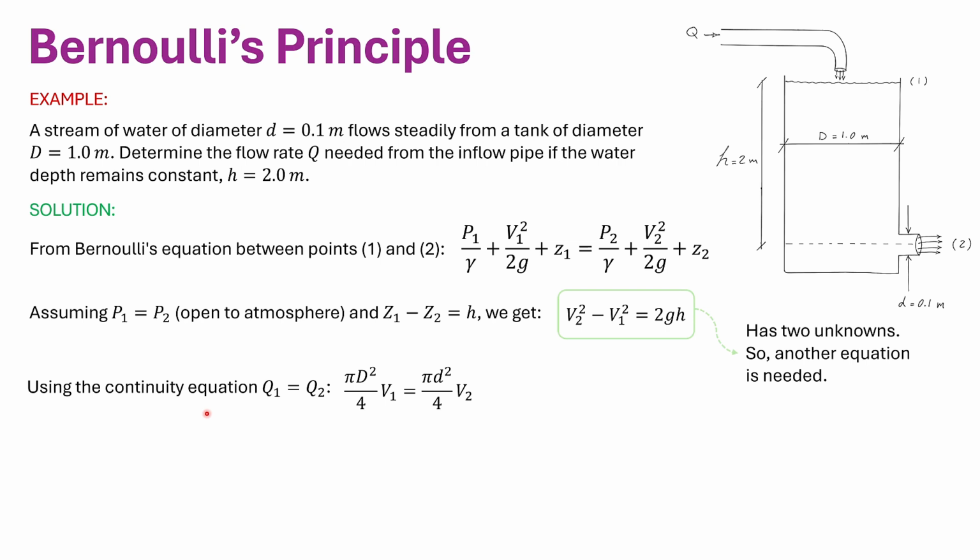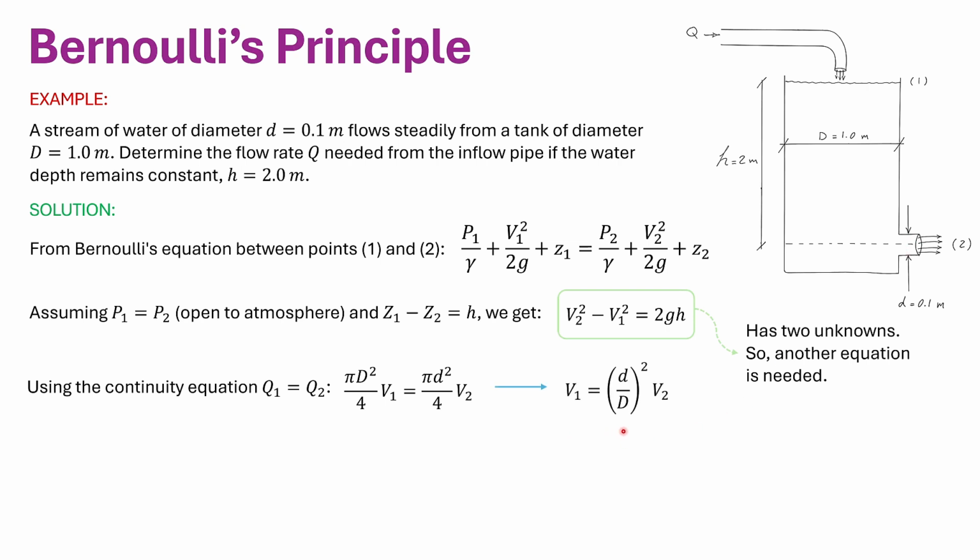Here using the continuity equation, Q1 equals Q2. So A1V1 equals A2V2, in which A1 is pi D squared over 4, which is for this point, and A2, which is for here, is pi times d squared over 4.